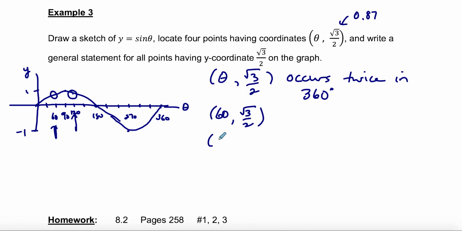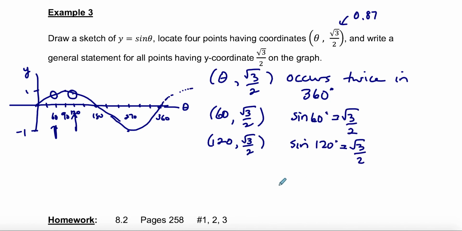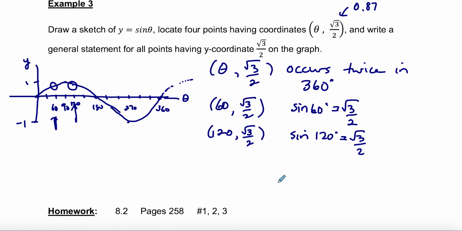And when we have 120 degrees, we have √3/2 for our value. So in another unit as well, we learned about coterminal angles. Coterminal angles occur when we add 360 degrees. So this question asked for 4 points. Even if we don't continue graphing this function, we know that it's going to repeat every 360 degrees. So for coterminal angles, I just have to add 360 degrees.